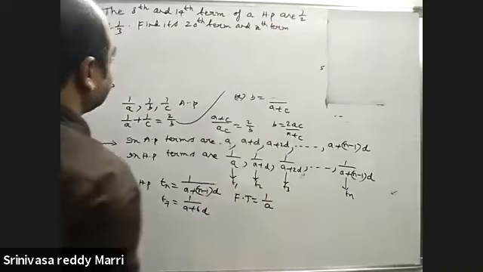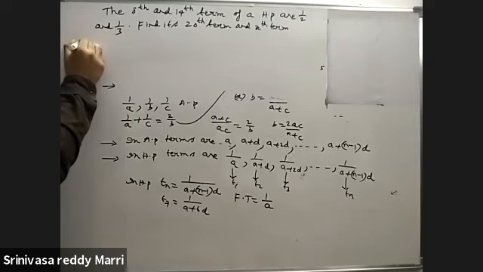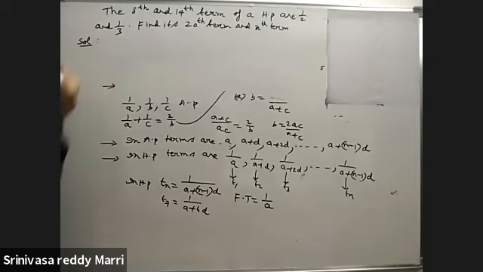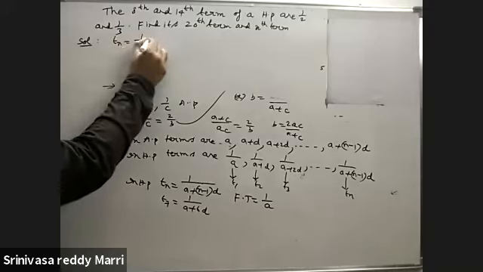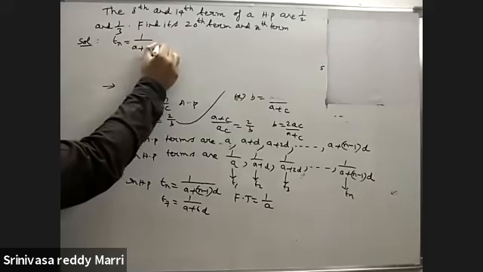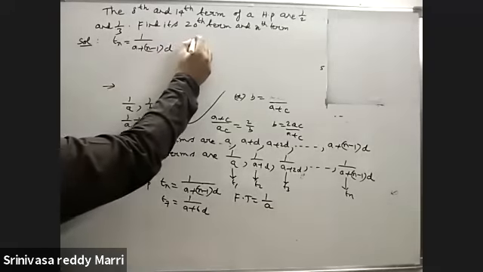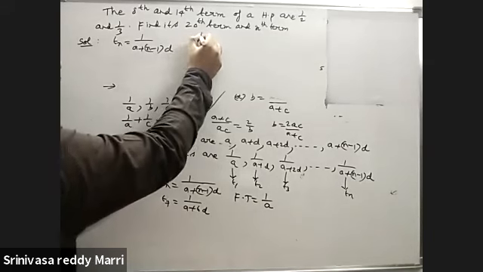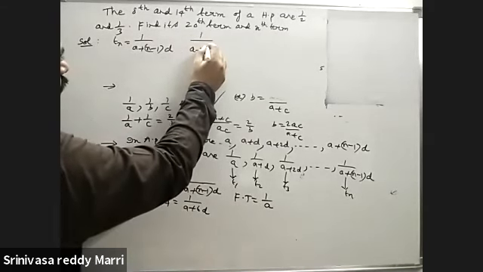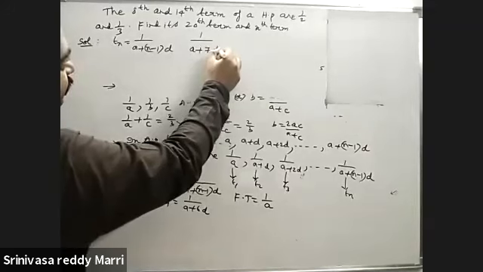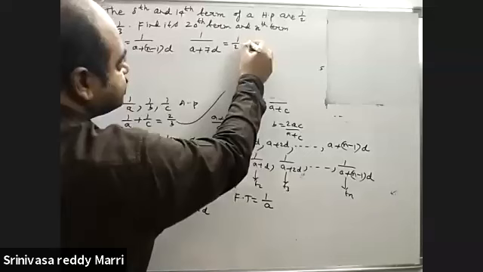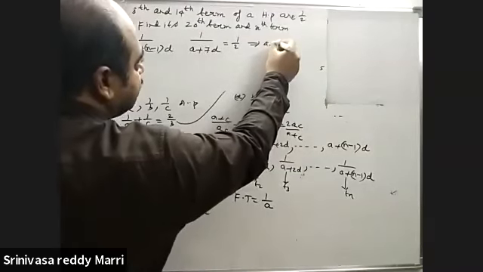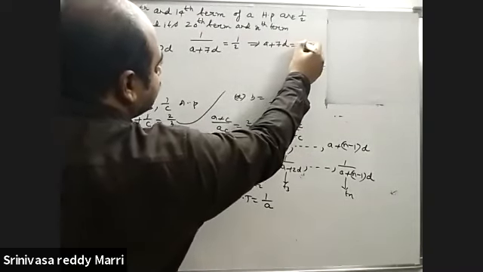So in a harmonic progression, the eighth term is given. What is the formula? Tn equal to 1 by a plus (n minus 1) into d. So the eighth term, 1 by a plus 7d, equal to 1 by 2. This is given. That means a plus 7d equal to 2.